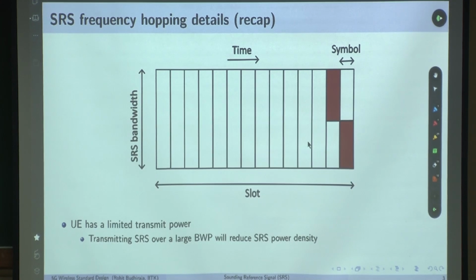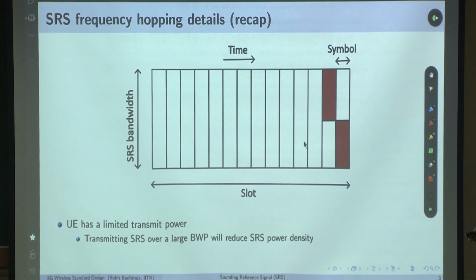The reason for frequency hopping, as we understood, is that the UE has a limited transmit power. Transmitting SRS over a large bandwidth part will reduce the SRS power density and lead to poor channel estimates.